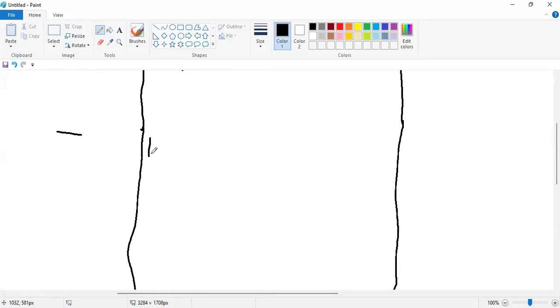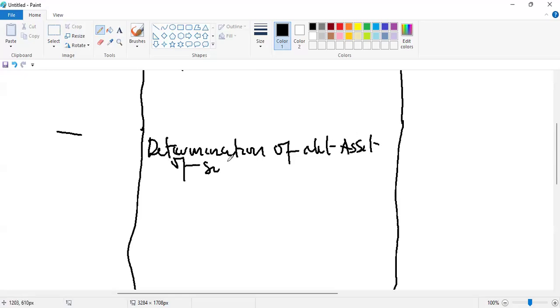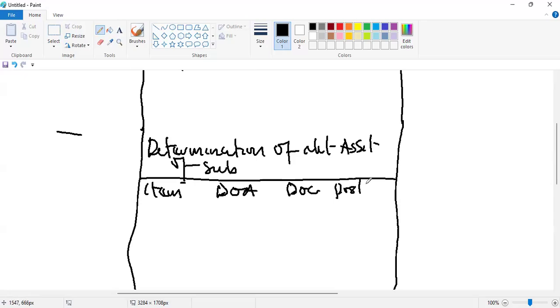Net assets of subsidiary at the date of acquisition. Items. Goodwill.